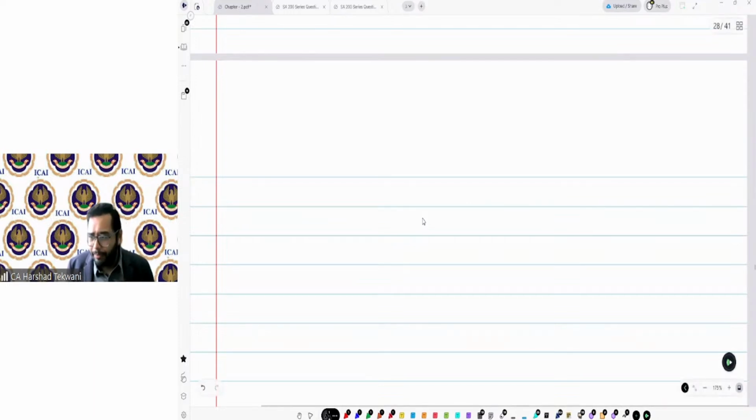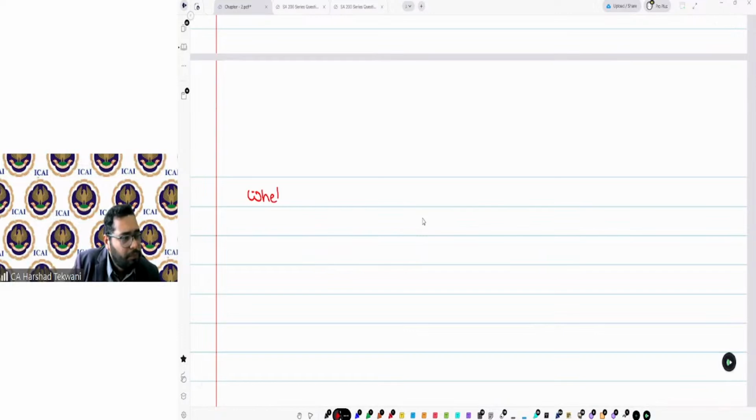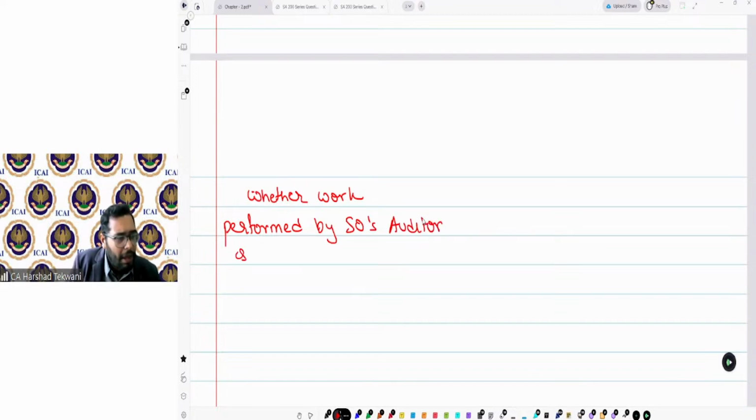Now, another question that I want to place here is whether work performed by the service organization's auditor is equal to work performed by another auditor.